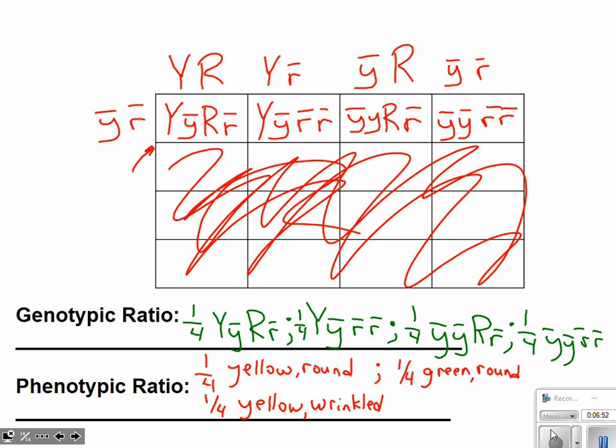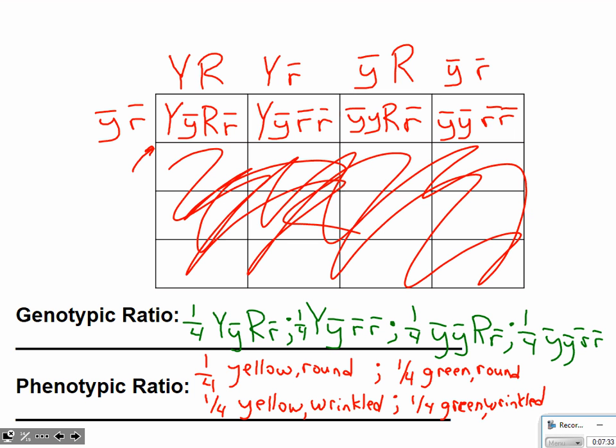The lowercase y is green. It's homozygous recessive, and that's green. Capital R, little r is heterozygous, so it's going to show the dominant, which is round. What is my last one then? It is homozygous for both recessives, so it's 1/4 green and wrinkled. Whoa. Right? Are we okay with that?